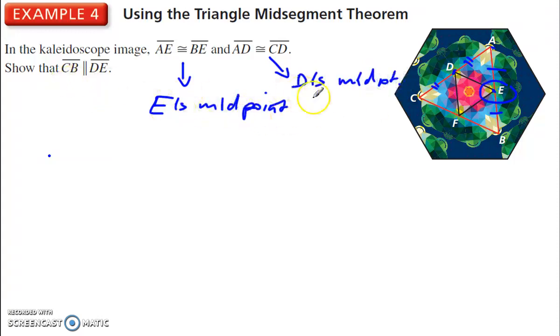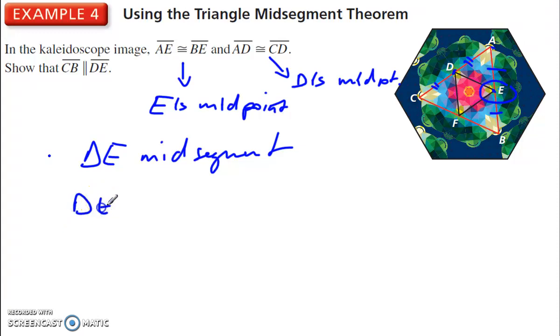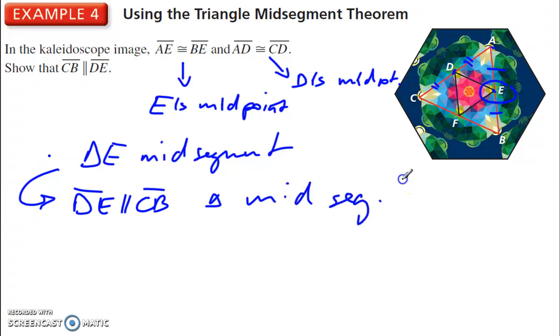Okay. And since E and D are the midpoints, that makes DE the midsegment. Therefore, DE is parallel to CB, because of the triangle midsegment theorem. That was fun.